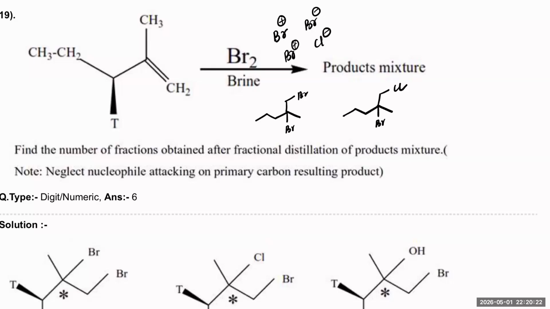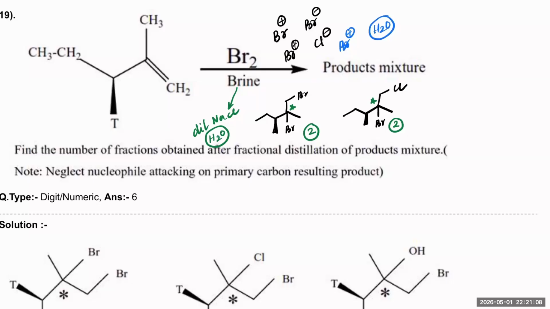Now, the important thing is we have a fixed tritium here. So now I got a new chiral center here, which makes this two compounds. Got it? We'll get this as two compounds here. Next, if you notice, this one also has a new chiral center that will make it two compounds. Now, brine solution is dilute NaCl. Dilute NaCl means what? It has water also. So water can also act like a nucleophile. So another addition which will happen here is Br plus and H2O, which will act like a nucleophile.